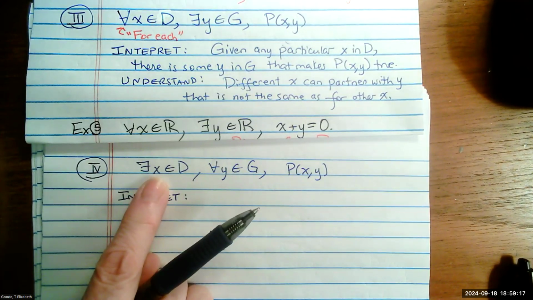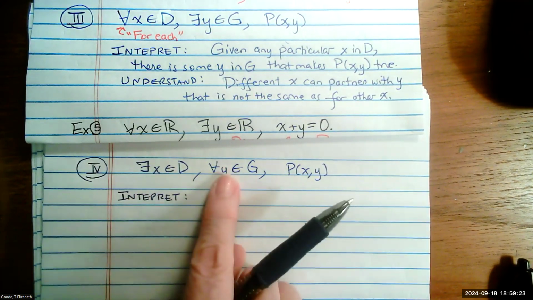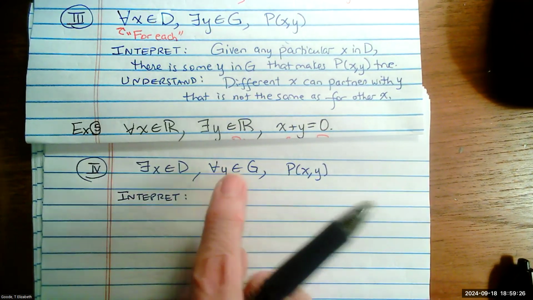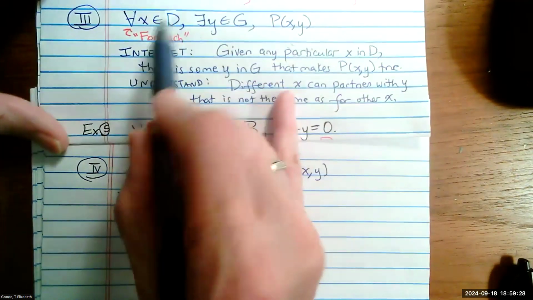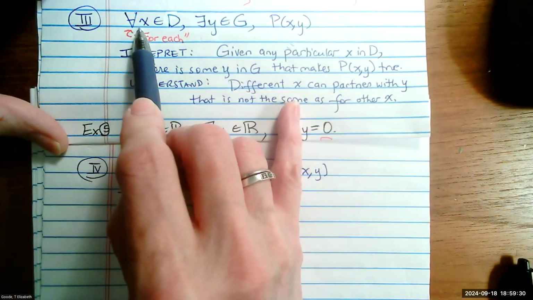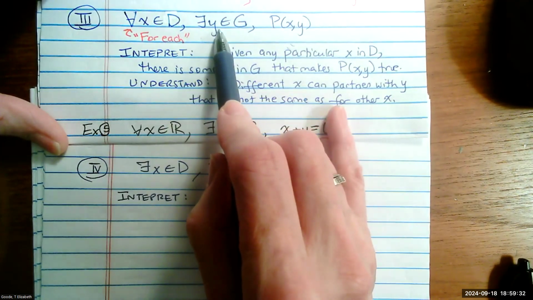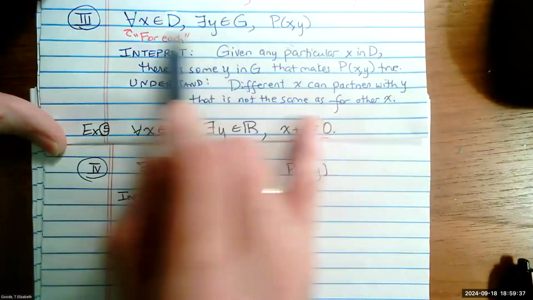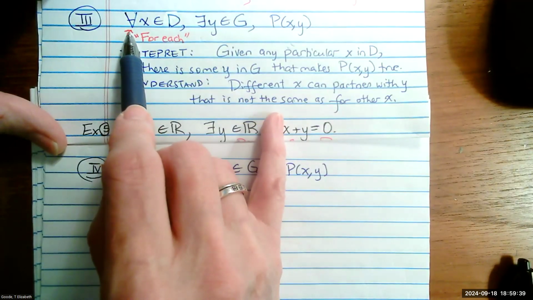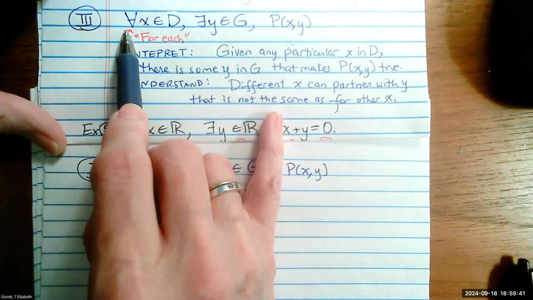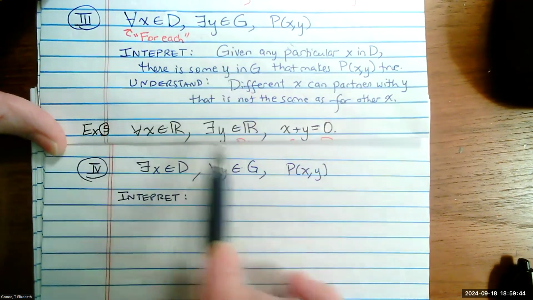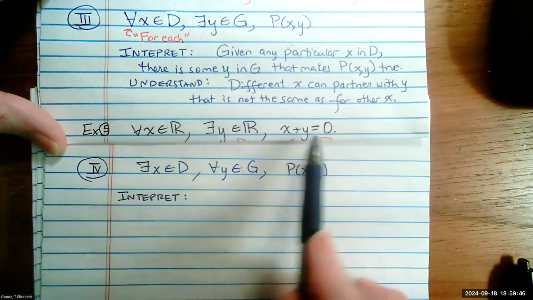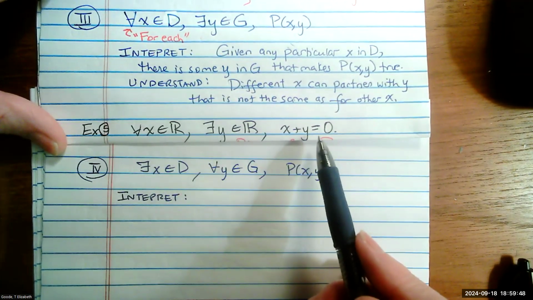That means we have got to find one x that will work for every y. See, that was very different than 3. In 3, for each x, we got to poke around and look for a y that would work for that x. Maybe you would find one y that would work for every x, but you didn't have to. Each x could have its own kind of private partner y. And in fact, with this particular example 5, every x has a different y, right?